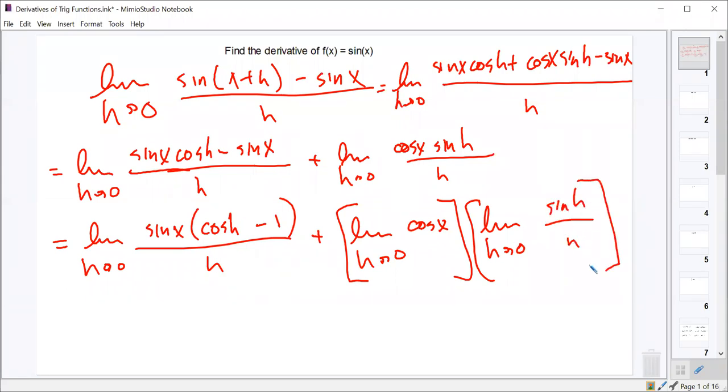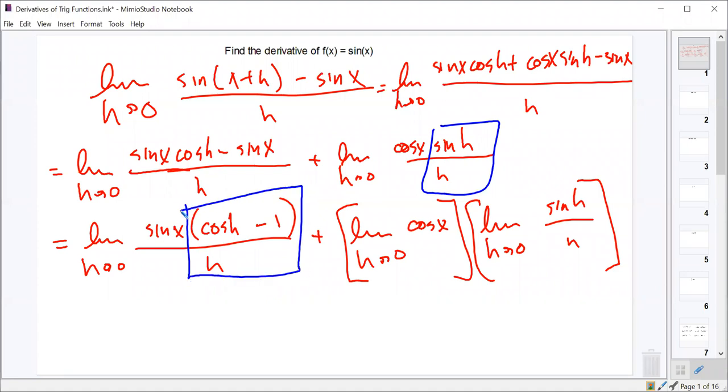And why might we want to do that one? Because we know what sine h over h is, right? What about over here? Do we know part of this one? Don't we know that one?